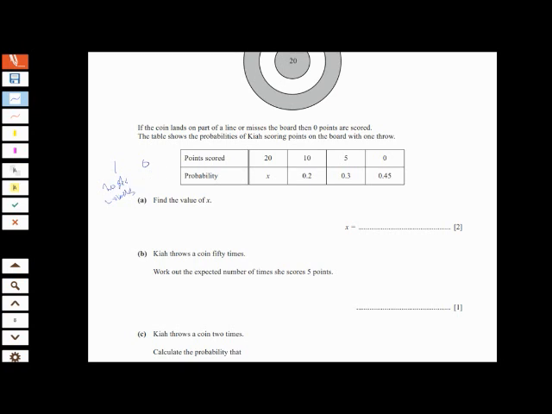So in order to find x, you subtract 0.2, 0.3, and 0.45 from 1. That is 0.05.